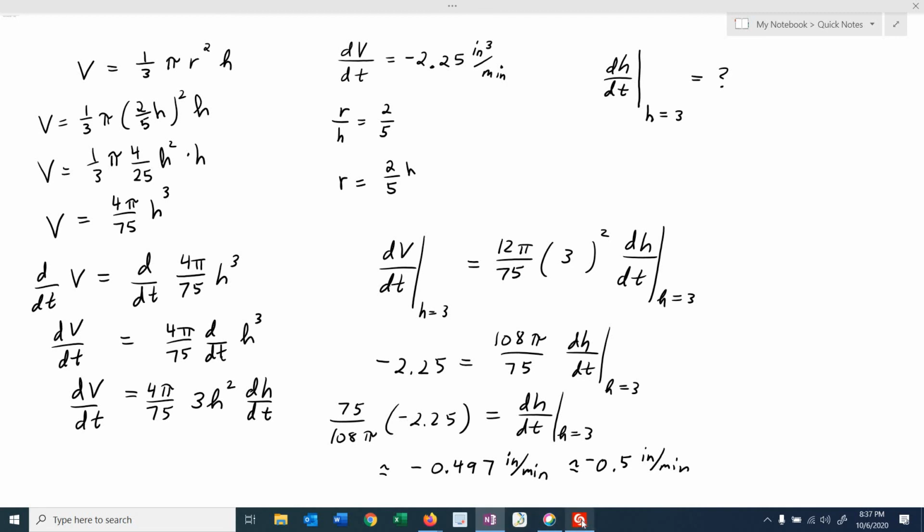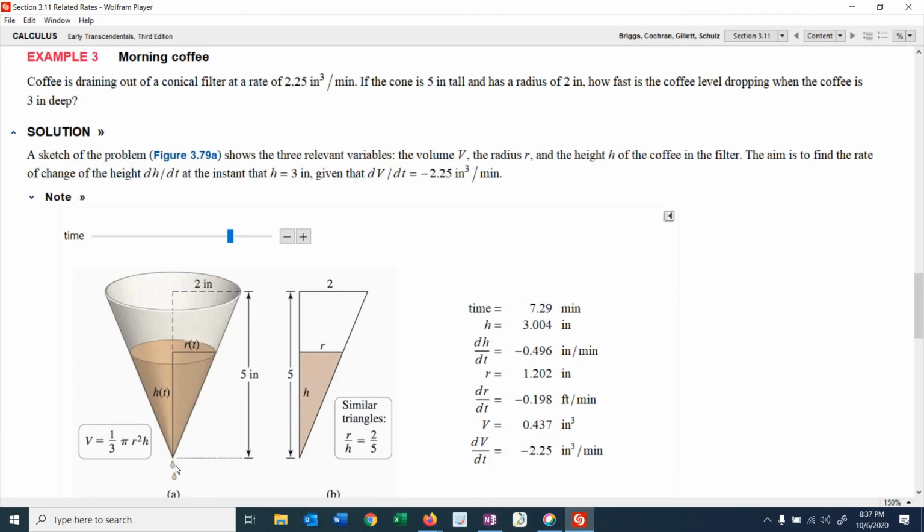Let's go back and look at the diagram. So what's happening here is coffee, of course, is draining out the bottom of this filter at a rate of 2.25 cubic inches every minute. That's how much volume it's losing every minute. Okay, as that happens, though, the height of the coffee is of course going down. The height of the coffee level is going down.